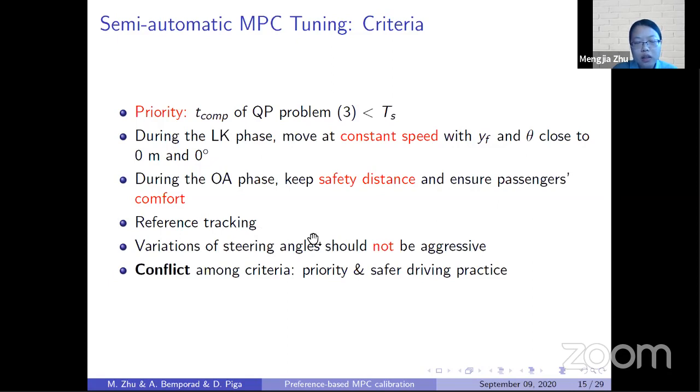Also, the velocity and the steering angle should be close to the reference with minimum variations, and the variations for the steering angle should not be too aggressive. If there is conflict among all these criteria, the priority is always given to the computational time. If the conflict is among the rest of the criteria, the preference is given to the ones that lead to safer driving practice based on the calibrator's experience.